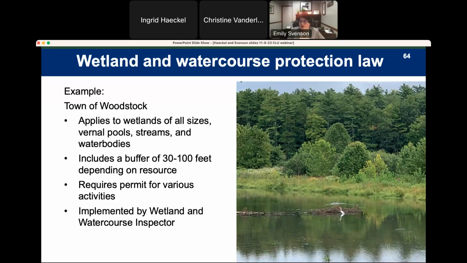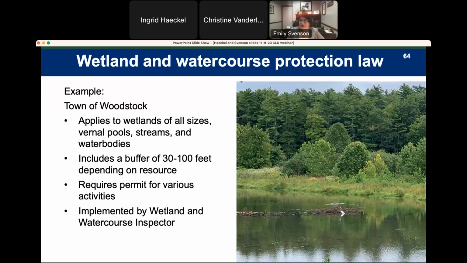Well, okay, so if you can get 30 feet passed, that's doing something, right? So sometimes it's just a compromise. Their wetland and watercourse protection law requires permits for various activities, and they have a wetland and watercourse inspector who helps to implement the law.